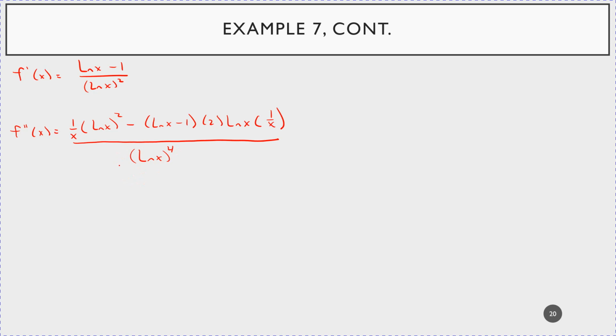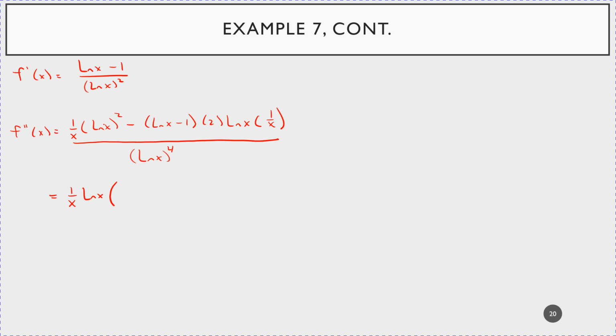Okay, so what are we going to do here? All right, notice they each have a 1 over x, so I'm going to factor that out. They each have an ln of x, so I'm going to factor that out too. So when I do that, what am I left with here?